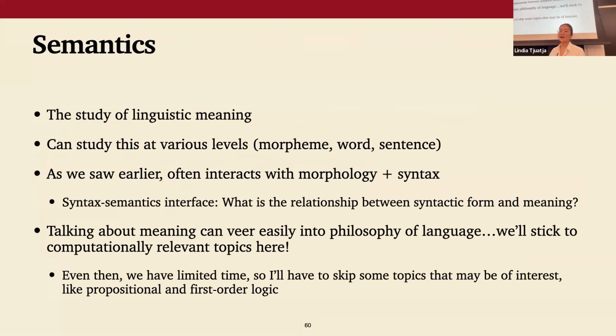And this often interacts with morphology and syntax, as we saw, like appending certain morphemes causes your word to mean something else now. A really active area in linguistics as well is the syntax-semantics interface. What is the relationship between syntactic form and meaning? How do different meanings of words change how they act syntactically in a larger structure?